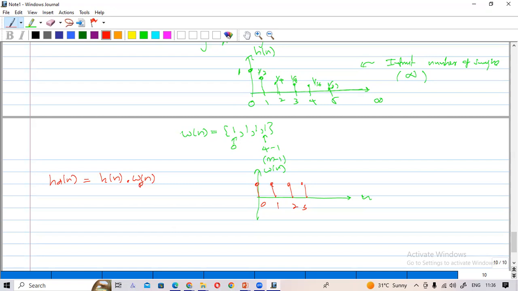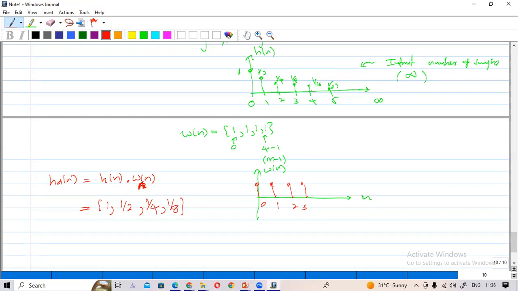Normally, to express the rectangular window, we use R, w_R[n]. Then 1 into 1 gives 1, half into 1 gives half, 1 by 4 into 1 gives 1 by 4, and 1 by 8 into 1 gives 1 by 8.